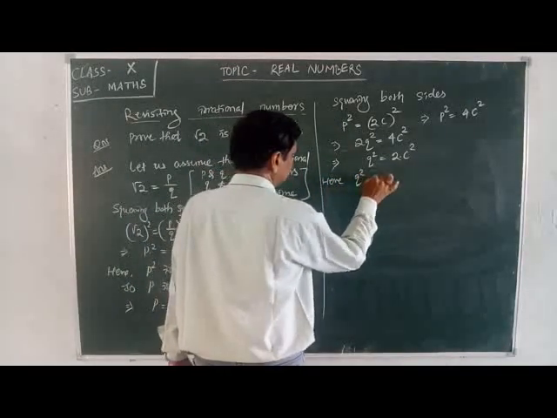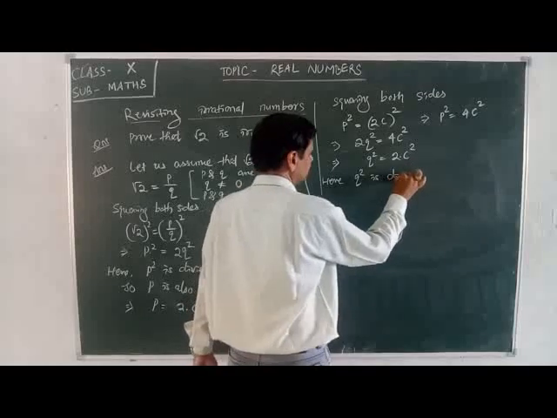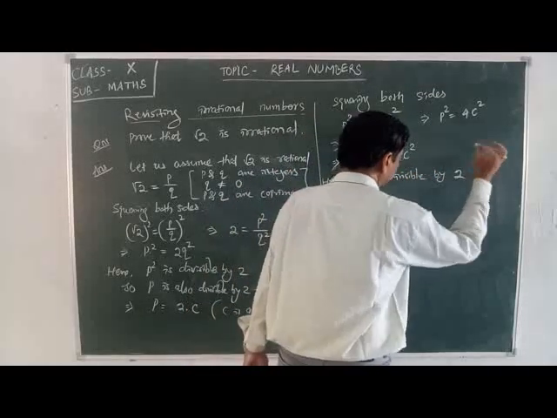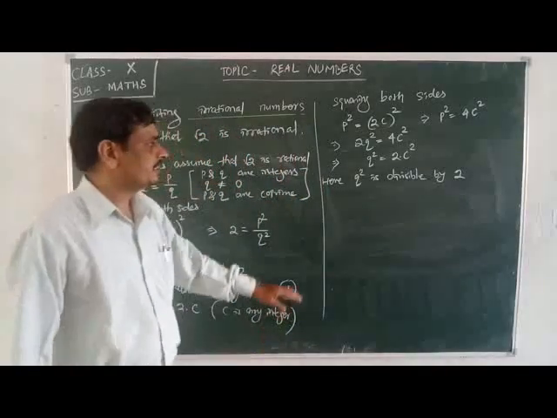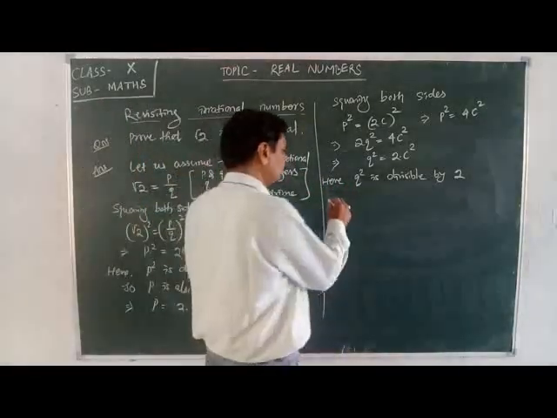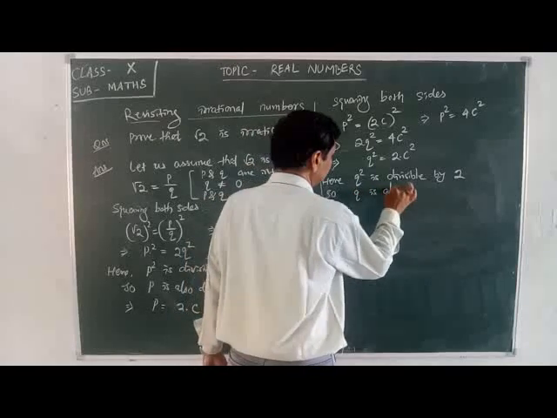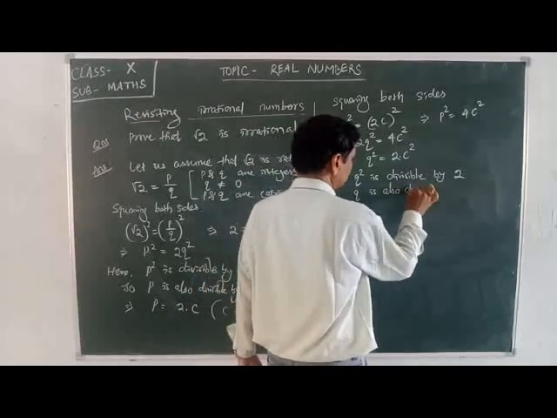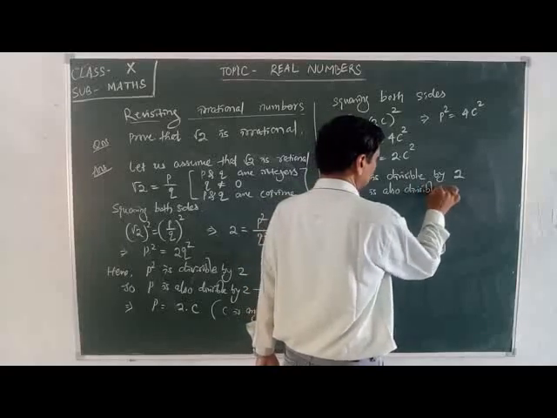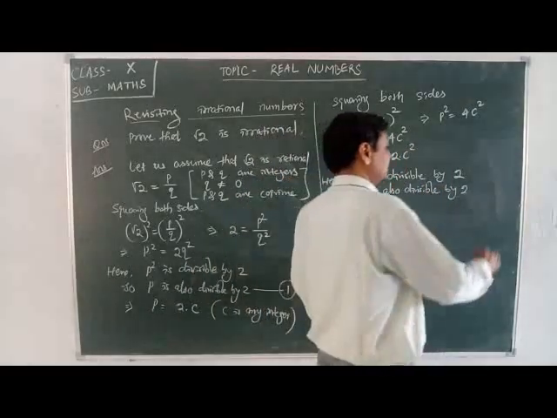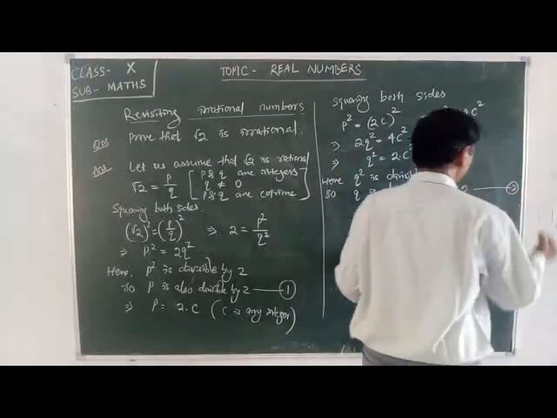Here q square is divisible by 2. Since q square is divisible by 2, q is also divisible by 2. Consider this statement as equation 2.